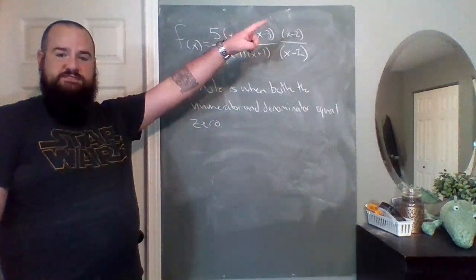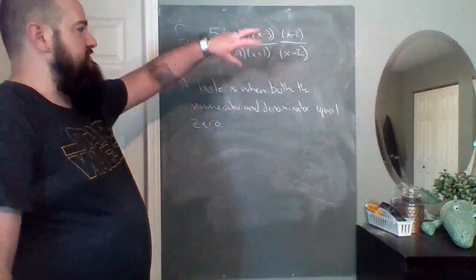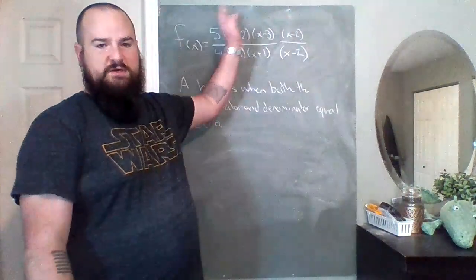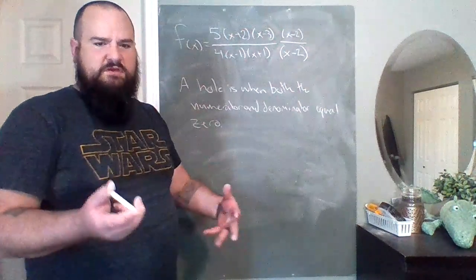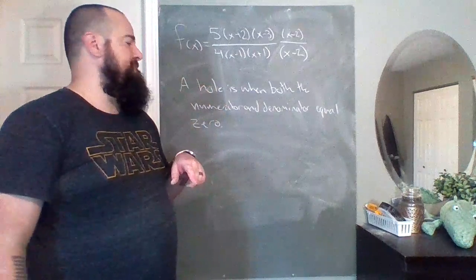Then we get this kind of situation. Now, typically in a problem those x minus 2s aren't going to be just on the end, they'll be mixed throughout, and you'll have to figure them out. But that's why it's really important to compare the zeros of the numerator and zeros of the denominator.